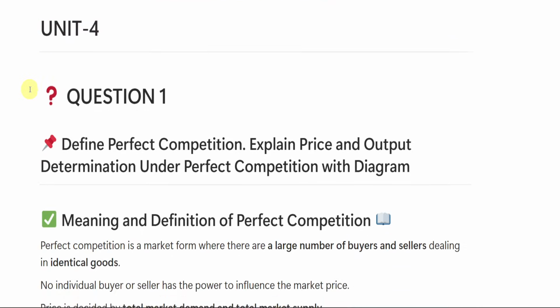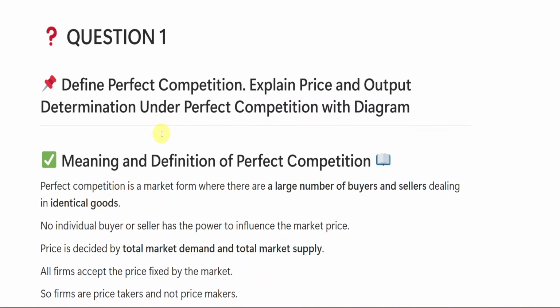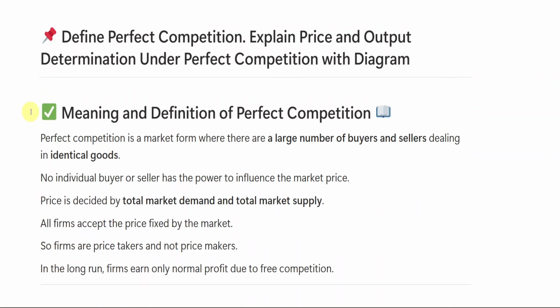Students, from unit number 4, the first concept is perfect competition and price and output determination under perfect competition with diagram. First, let us try to understand what is perfect competition. Students, perfect competition is a type of market where there are many buyers and many sellers, and all sellers sell the same type of product.